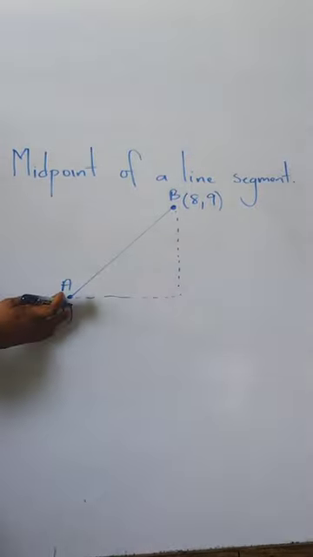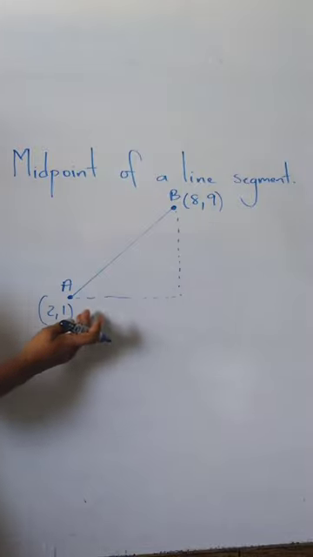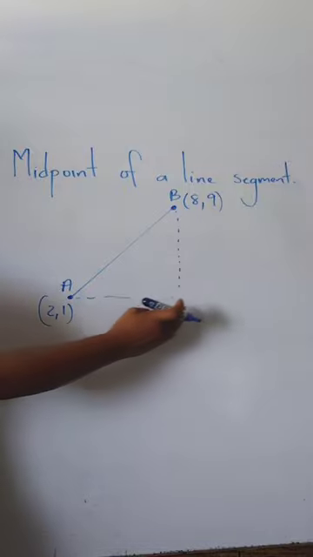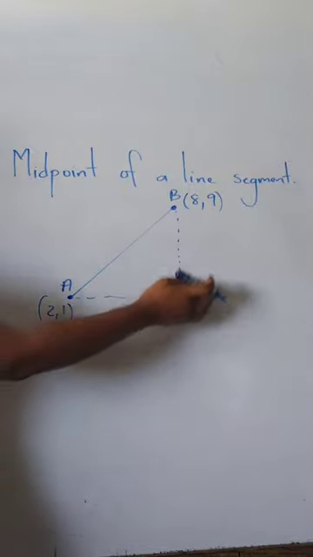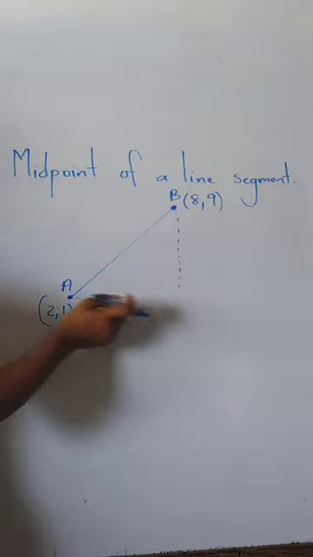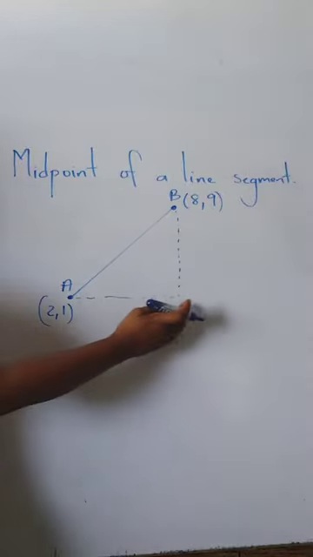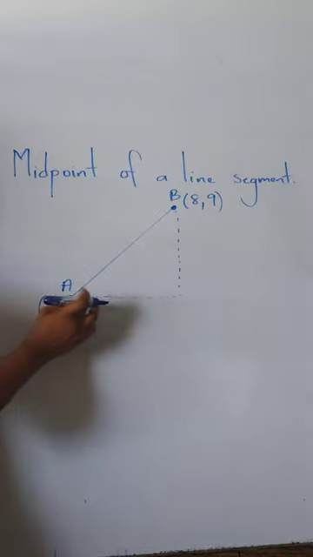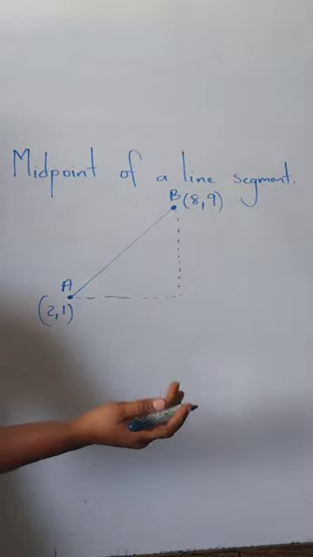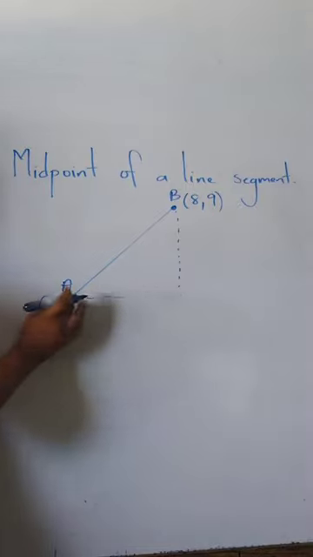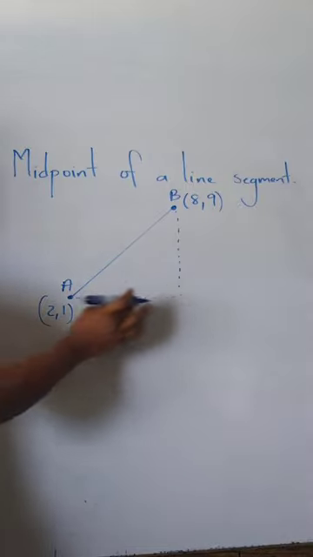Now I know where A is and I know where B is, but I need to figure out where the middle of this line segment is, based on the horizontal displacement and the vertical displacement, the distance, right? So horizontally, this is my x value. I want to add the two ends of the x to figure out where the middle of the horizontal is.